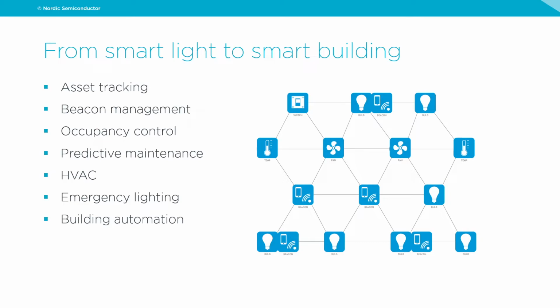We already see projects that include sensing of temperature and air quality, and this can be combined with HVAC. And there are other use cases, for example emergency lighting, which has a requirement to be tested on a regular schedule. And for building automation in general, there are many use cases that can be covered by the Bluetooth Mesh network.